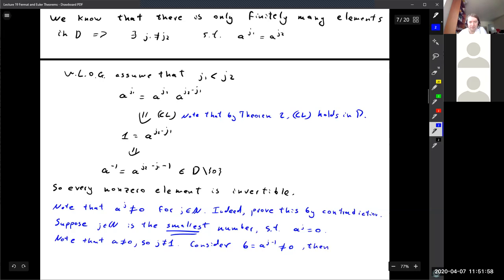And then A B equals 0 for A non-zero and B non-zero. But this is impossible, since D has no zero divisors.